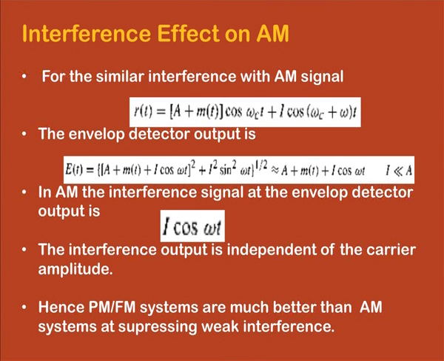So, the envelope of this signal is going to be the square root of (A + m(t) + I cos ωt) squared plus I squared sin squared ωt.